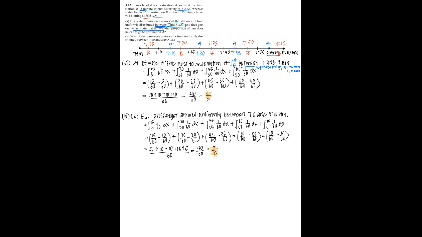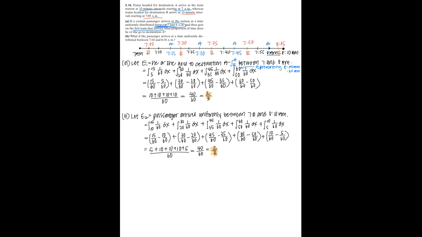So for A, it's the station between 7 and 8 a.m. So 5 to 15, because destination B arrives at 15-minute intervals starting at 7:05. I think I got it.